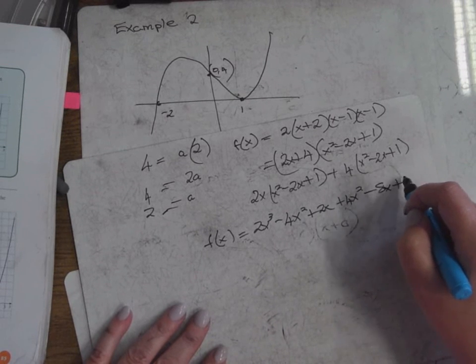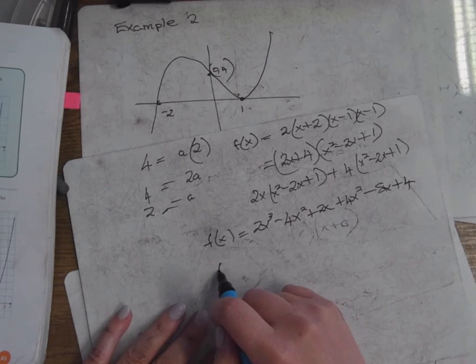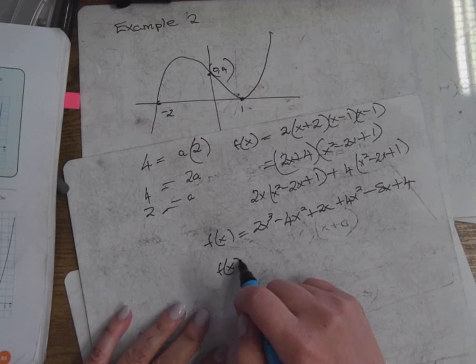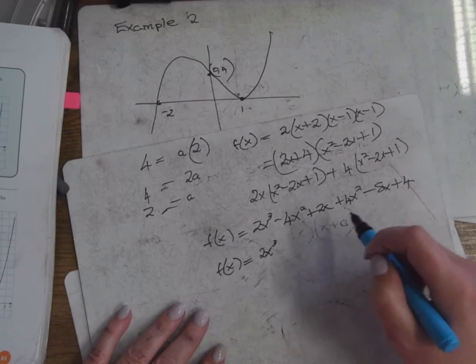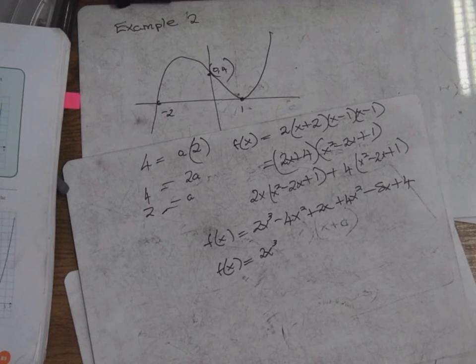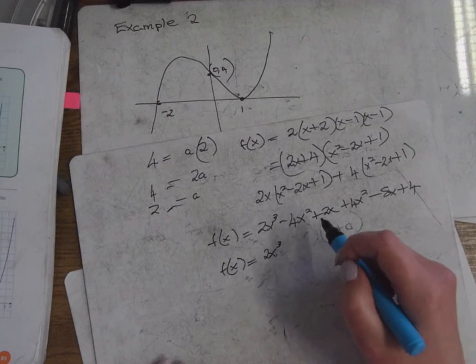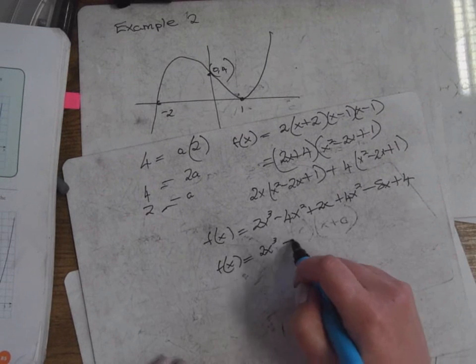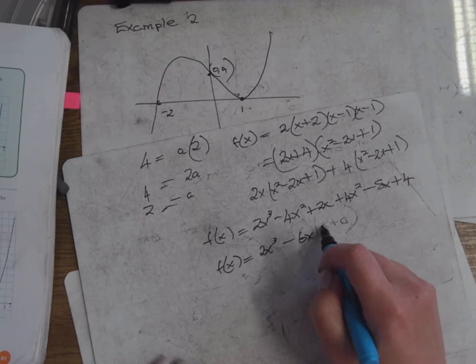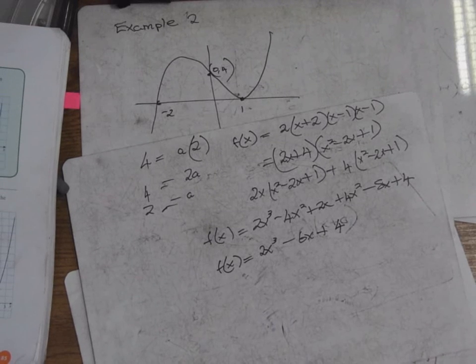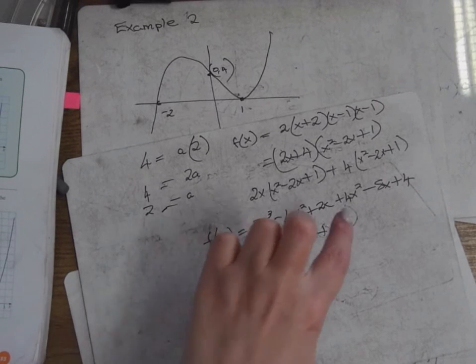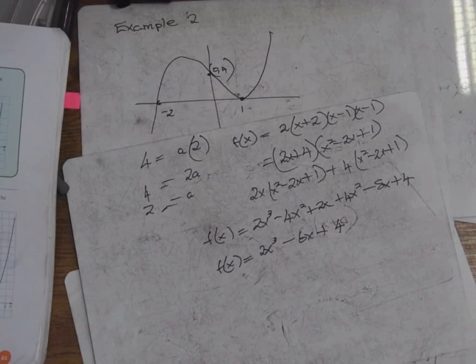So f of x is equal to 2x cubed minus 4x squared plus 4x squared means the x squared term is gone, right? Plus 2x minus 8x is minus 6x, and then I have a plus 4 at the end. Is that good? Is that okay? The x squared term just cancelled out, minus 4x squared plus 4x squared, right?